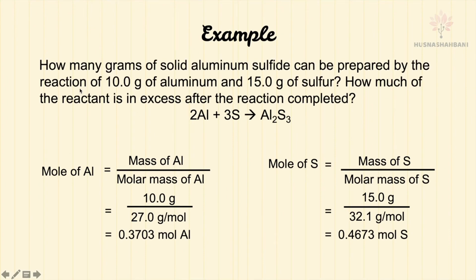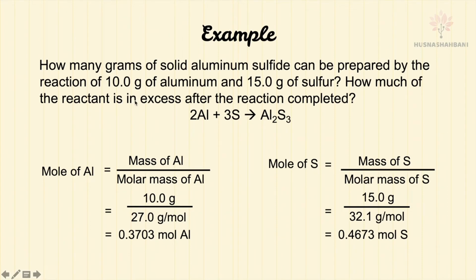Next example. How many grams of solid aluminium sulfide can be prepared by the reaction of 10 gram of aluminium and 15 gram of sulfur? The equation is given. We have the information for the mass of aluminium. We have the mass of sulfur. We need to know the mass of the product. How much of reactant is in excess?